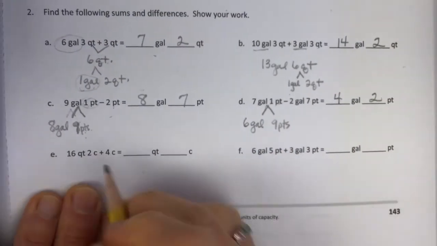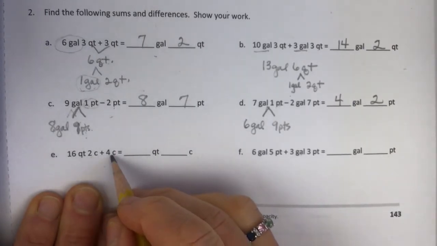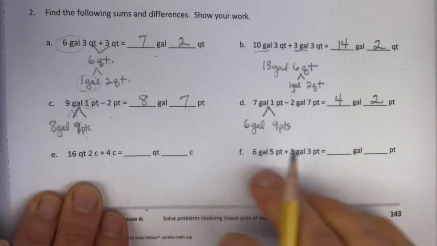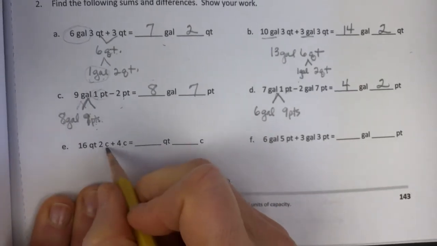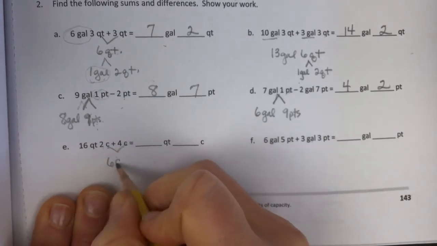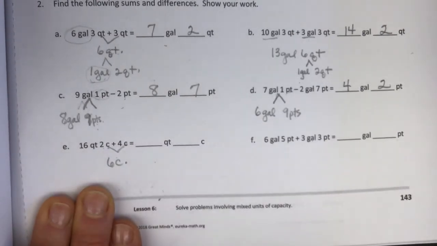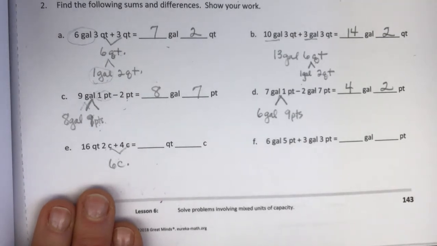Okay. 16 quarts, 2 cups, plus 4 more cups. Okay, well, let's see here. If I added these together, I would get 6 cups, right? Okay, well, how many cups are in a quart?